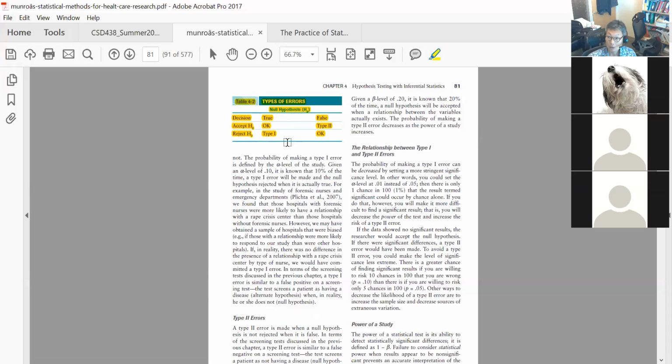If the null hypothesis is really true and your testing result also accepts the null hypothesis, that's what we want, right? That's reflecting the truth from the sample. But the problem comes when your null hypothesis is true, but your testing result rejects the null hypothesis. So it's sort of a false positive, right?